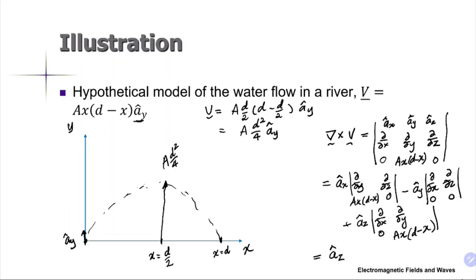And then that will be the partial derivative with respect to x of this function here. And that will be equal to az times a d minus 2ax.